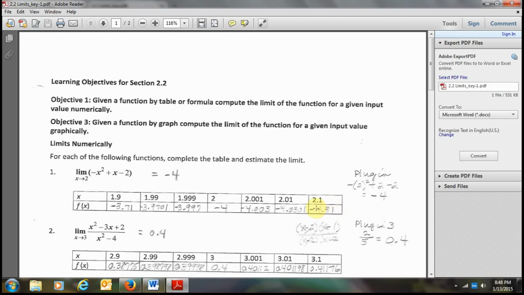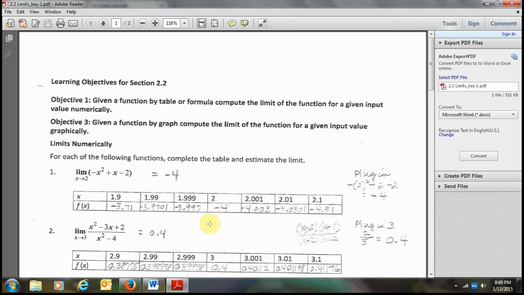Notice again, as I approach, literally move your finger, or in this case I'm using the cursor, move your finger closer to 2, and the y values are getting closer to negative 4. So this is a case where the left side limit, the right side limit, and the function are all the same, so the answer is negative 4.